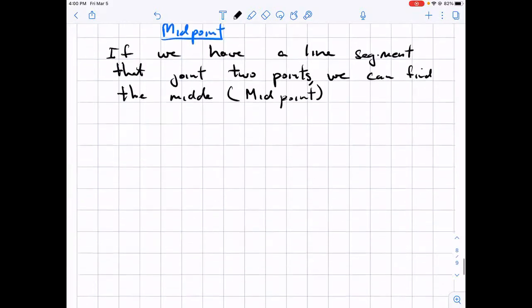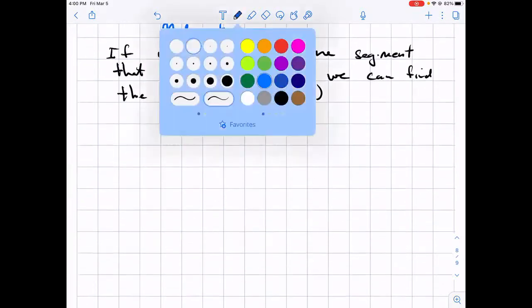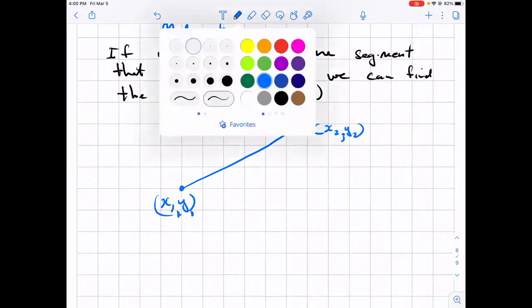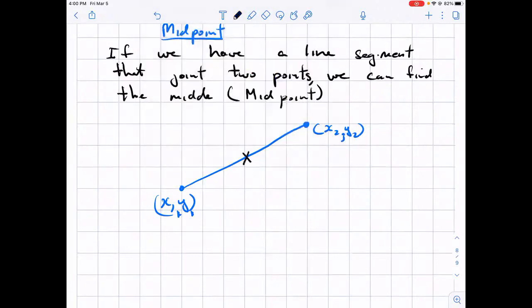So if we have a point here, x1, y1, and we have another point over there, x2, y2, and somewhere in the middle is what we call the midpoint.